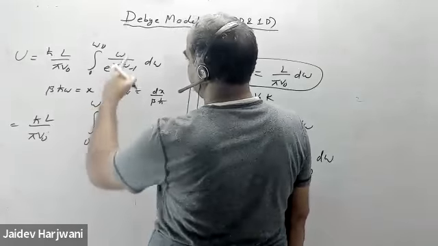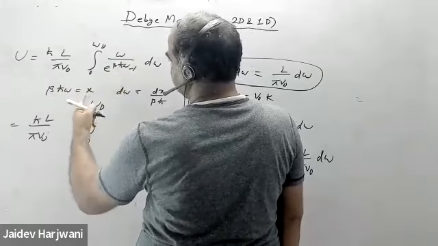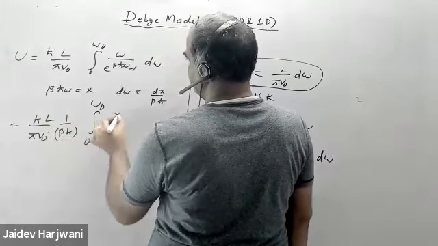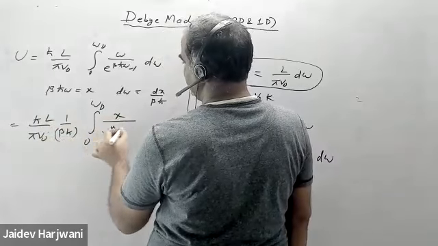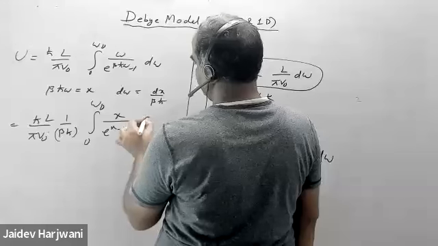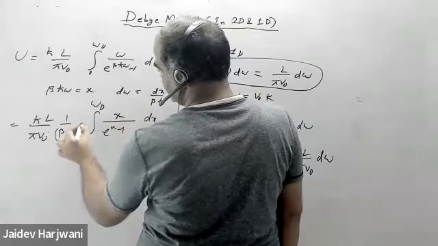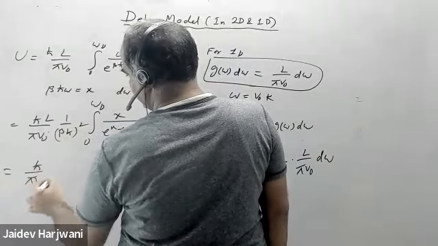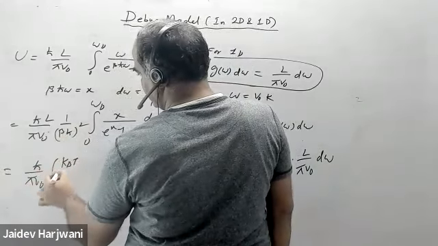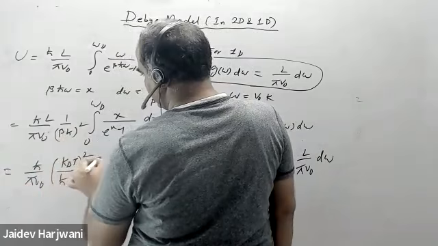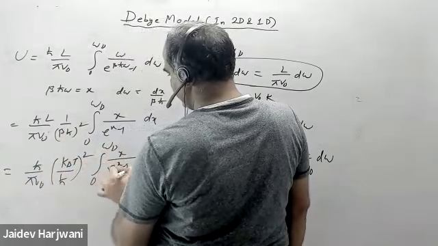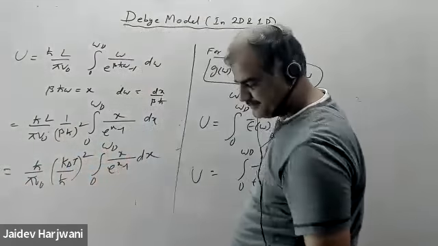Omega will be x upon beta h cut, so x upon e^x minus 1 dx upon (beta h cut) का square. So h cut L upon pi v naught, kBT upon h cut का square, integral 0 to xD of x upon e^x minus 1 dx.